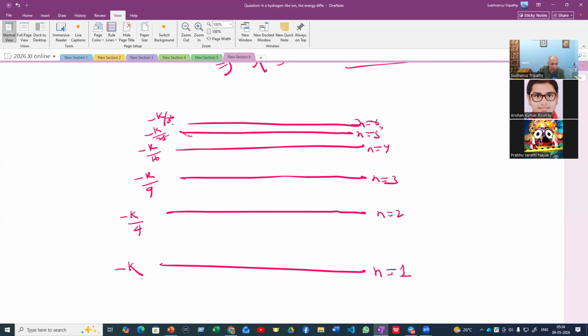So all transitions from 2 to 1, 3 to 1, 4 to 1, 5 to 1, all culminating, you will find the energy difference will be more and more. But the energy difference, that is called the transition energy, will be coming closer and closer.